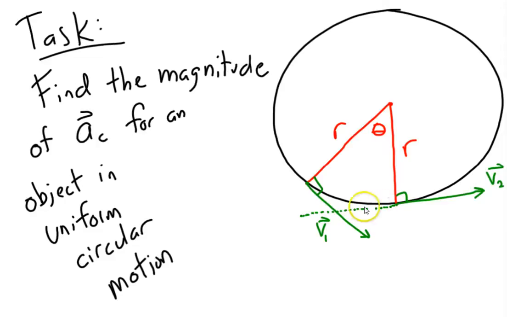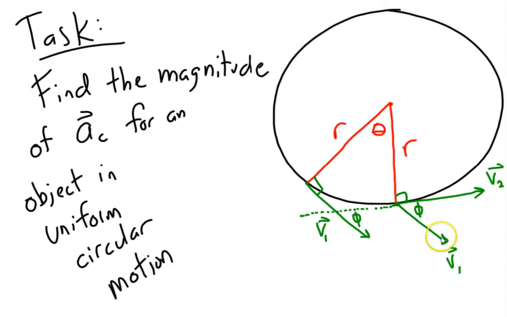First thing we're going to do is extend this velocity vector out along the line like that. Then you can see we've got an angle theta labeled up here. Next thing we're going to do is copy this velocity vector, vector 1, over here and label that angle phi.